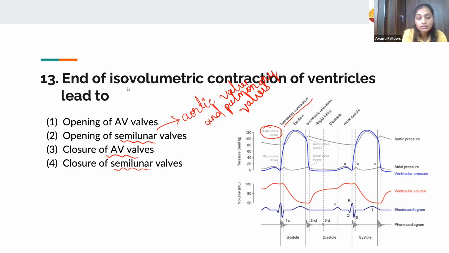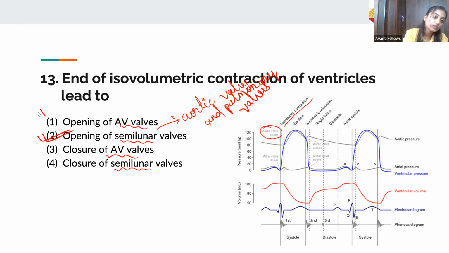So when there is an end of isovolumetric contraction of ventricles, it leads to the opening of semilunar valves.